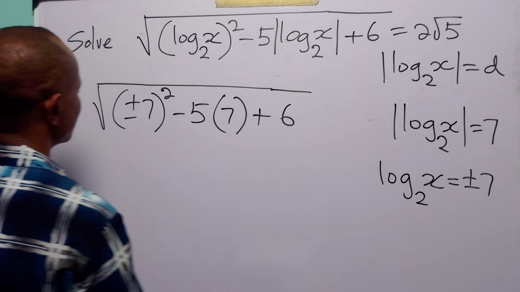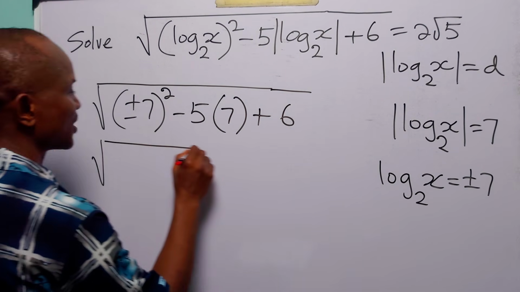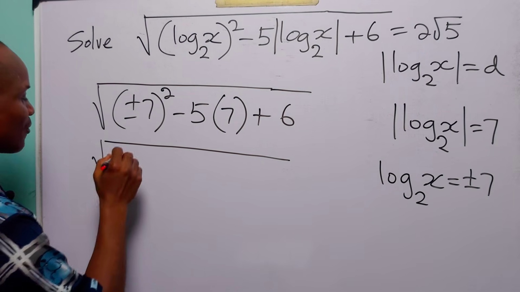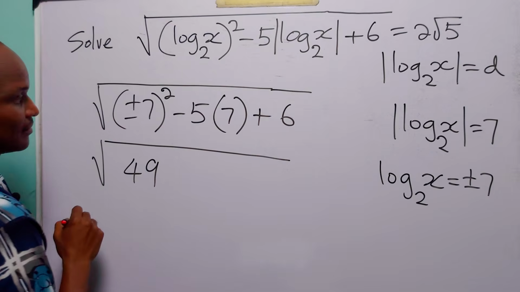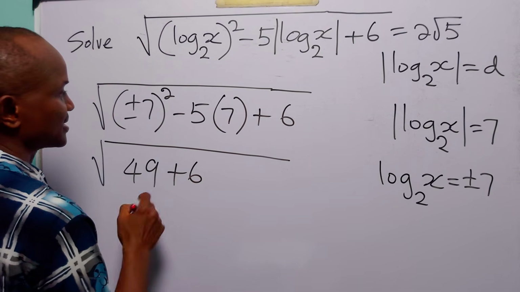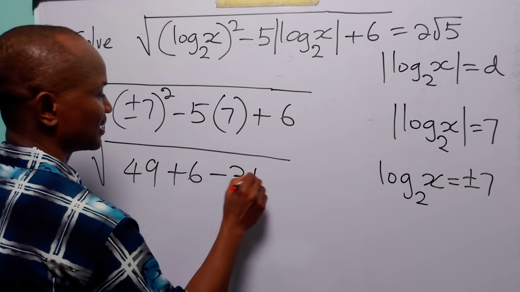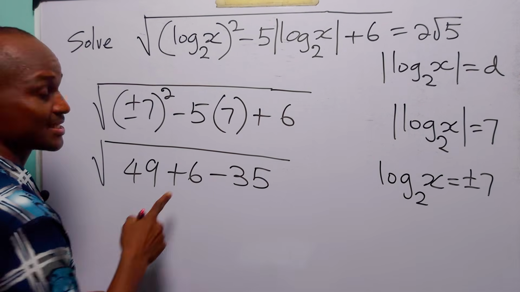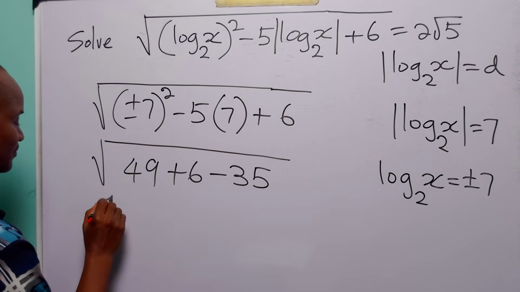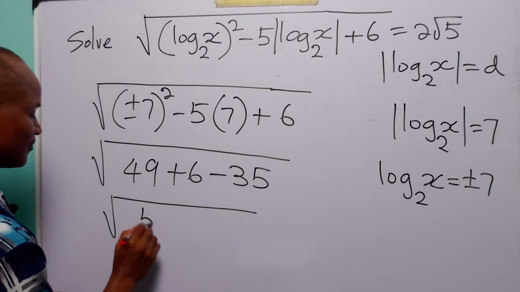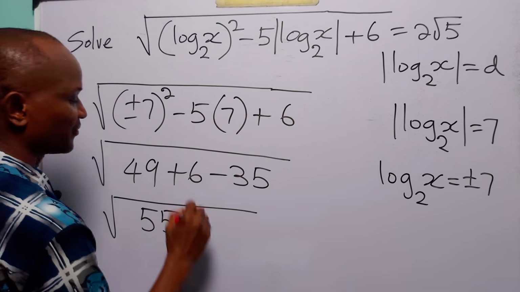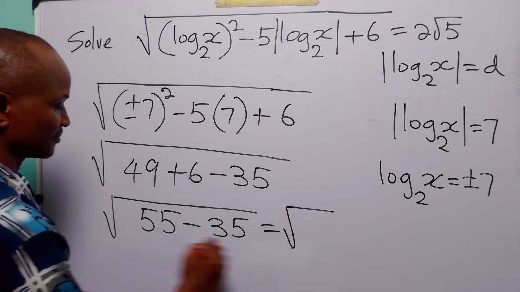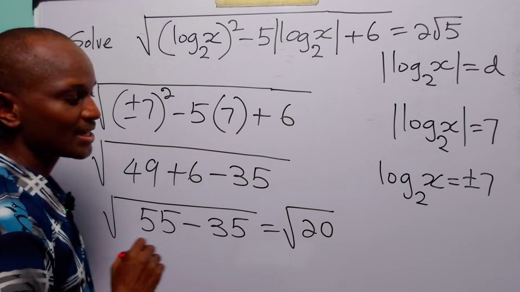Plus 6. This is the square root of (plus or minus 7) squared, which is 49, plus 6 minus 35. 49 plus 6 is equal to 55. 55 minus 35 is equal to 20.